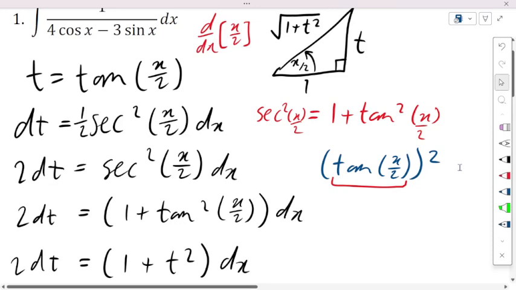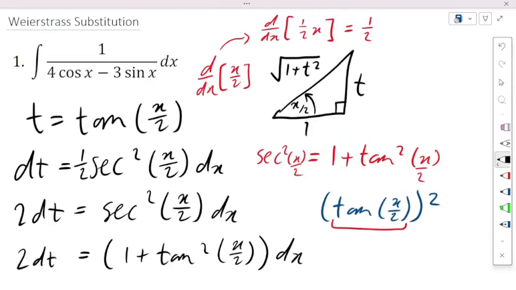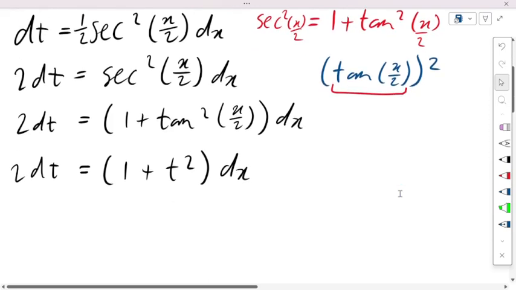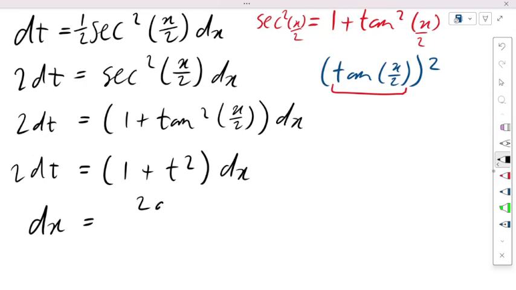And then from here, like I said, we're trying to find dx. So we're going to divide both sides by 1 plus t squared, so that we are left with dx being equal to 2 dt divided by 1 plus t squared. Perfect. We found dx.